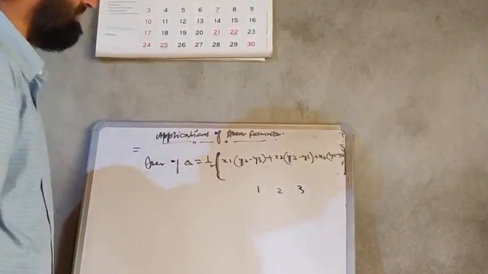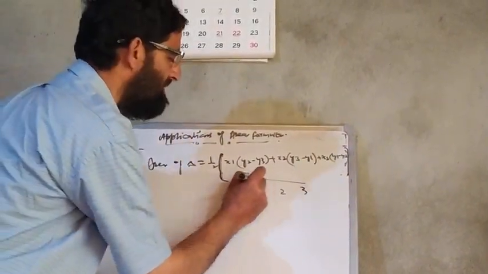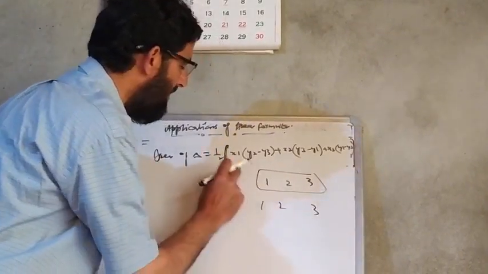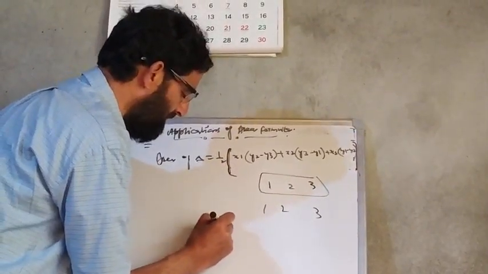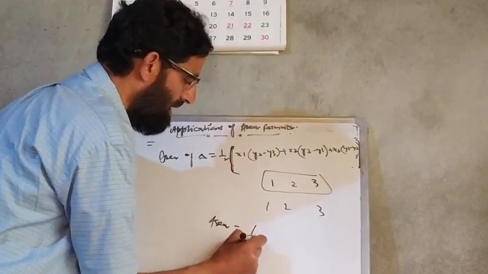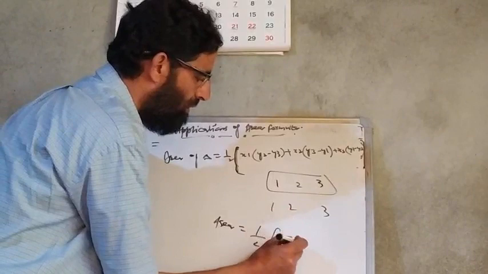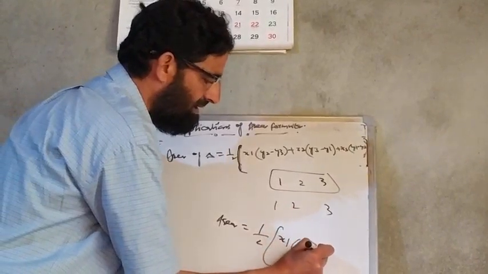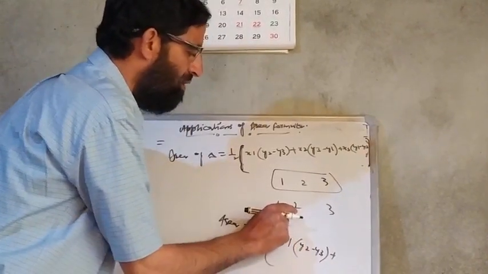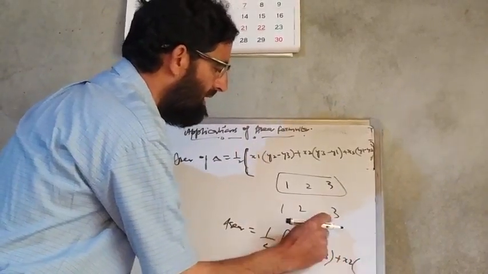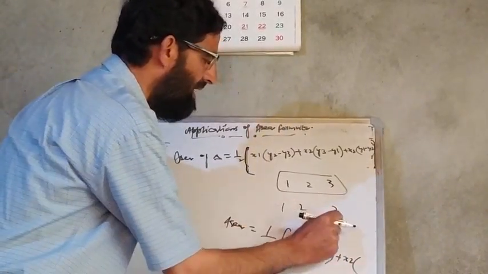So this is very simple. So let us repeat this, how to remember this. You shall write this 1, 2, 3. Now we will write area of triangle is equivalent to 1 by 2. This one is x1 into y2 minus y3 plus, now this is x2. This 2 is x2. Now what is left? 3 and 1.